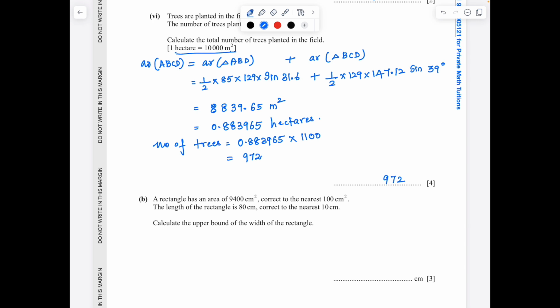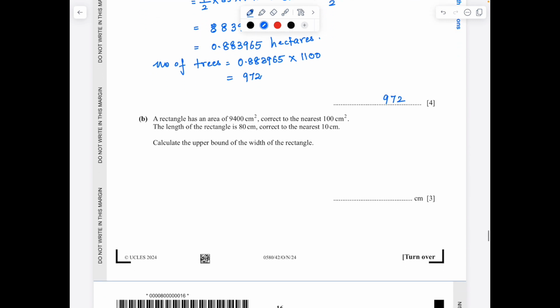Subdivision B. A rectangle has an area of 9400 centimeter square, rounded to nearest 100 centimeter square. So let me take it down with the boundaries. Area is greater than or equal to 9350 on the lower limit and 9450 on the upper limit. The length of the rectangle is 80 centimeter, which has been corrected to nearest 10 centimeter.